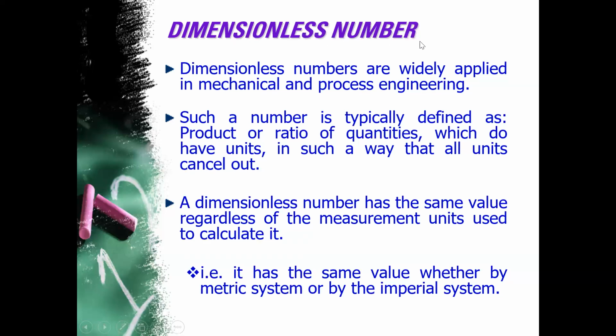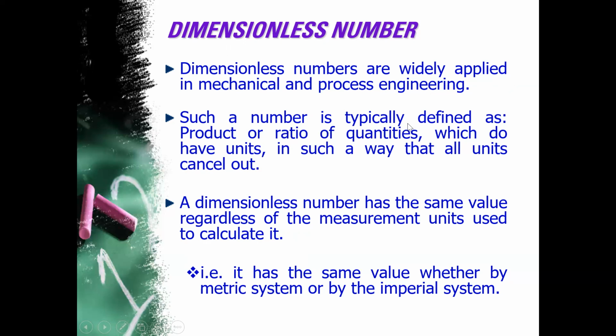A dimensionless number is actually a dimensionless expression, all right? As I explained to you previously, the Reynolds number is one example, probably the most famous one. So what is a dimensionless number? Dimensionless numbers are widely applied in mechanical and process engineering. The numbers are basically developed by engineers, right?